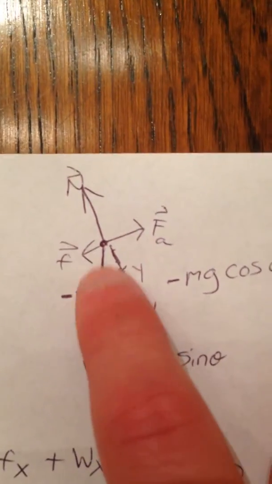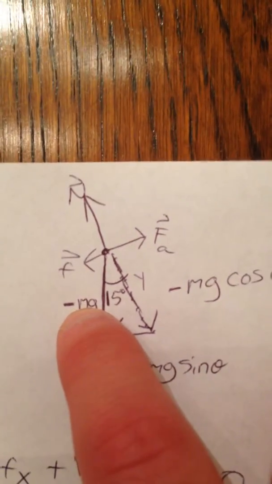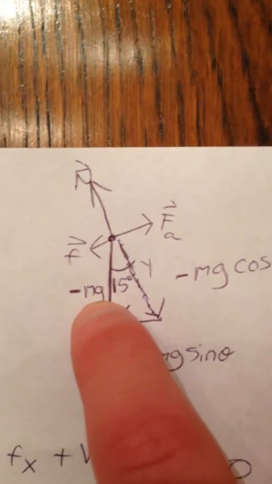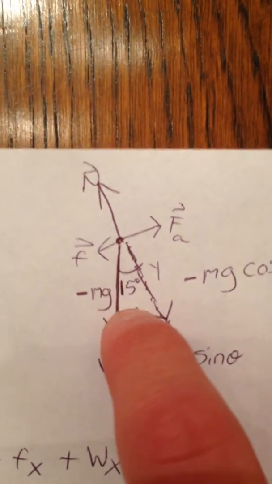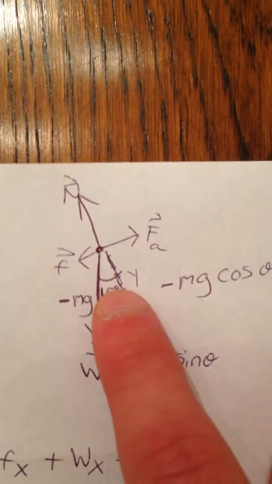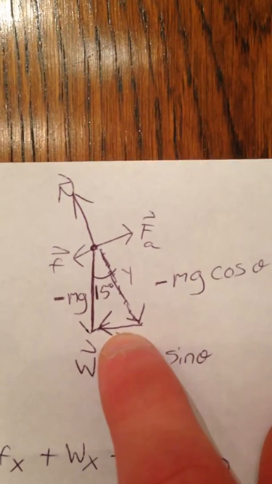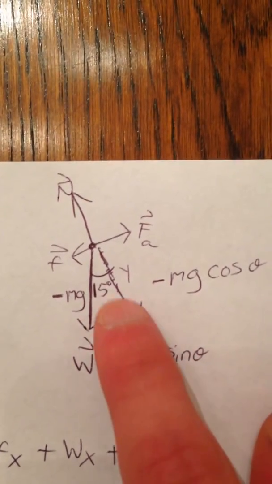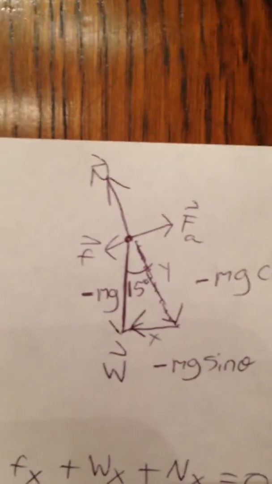This is going to be the hypotenuse, which represents gravity, which is just negative mg because gravity is moving in the negative y direction. And this is going to be the angle. So this right here, the x component, is negative mg sine theta because, again, it's going in the negative x direction, and it's sine because it's opposite this angle.